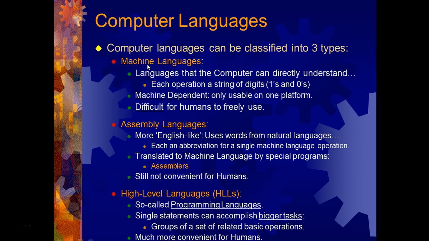So machine languages, languages that the computer can directly understand. So each operation is a string of digits, just ones and zeros. So actually, at the very base level, that's all a computer can understand, is ones and zeros. And why is that?